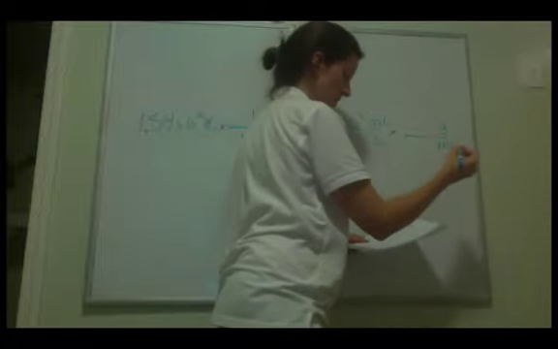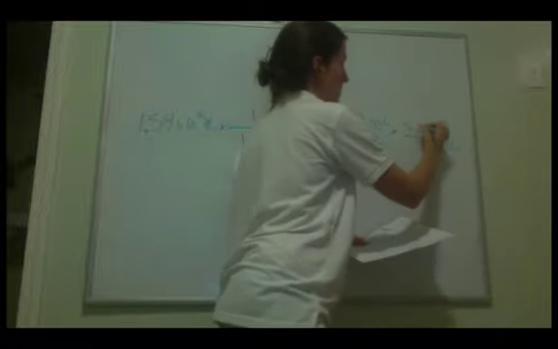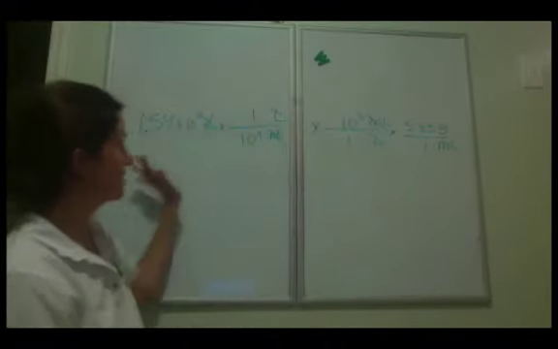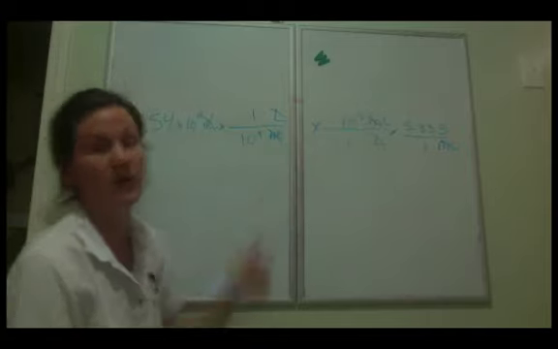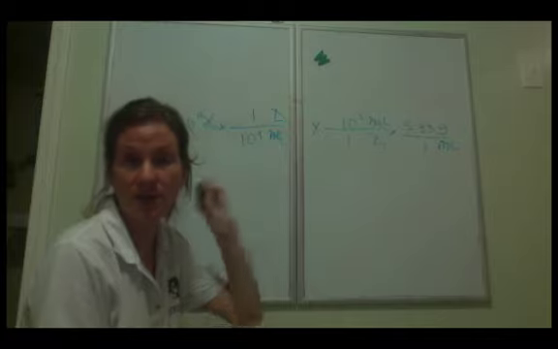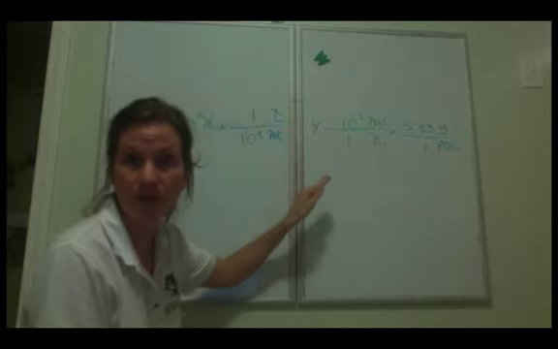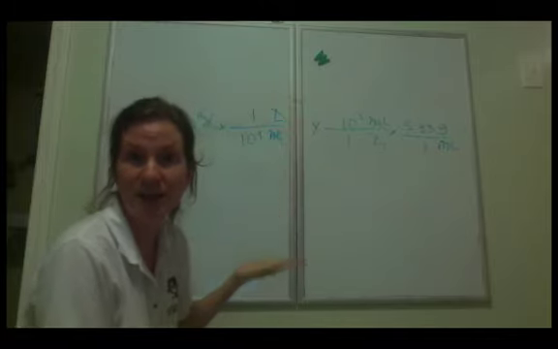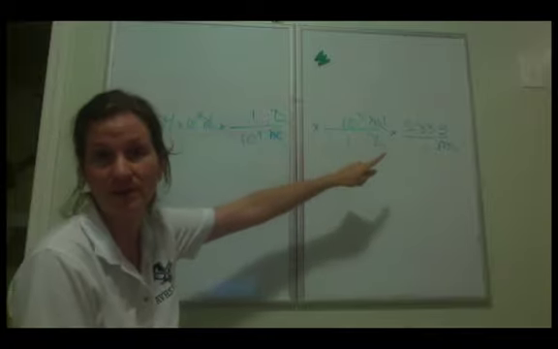The relationship of gram to milliliter was 5.33 grams per 1 mil. Now milliliter's gone and I'm in grams. If I just do this calculation, I would get my final answer in grams. Conversion factors are so great because it's so straightforward. There's no guessing here. Am I in the right unit? Yeah, I'm in gram. Okay.